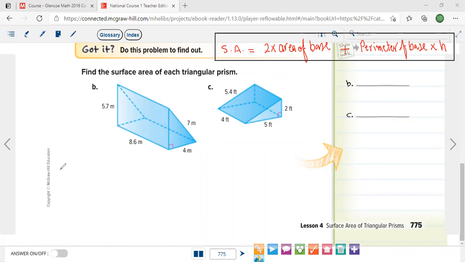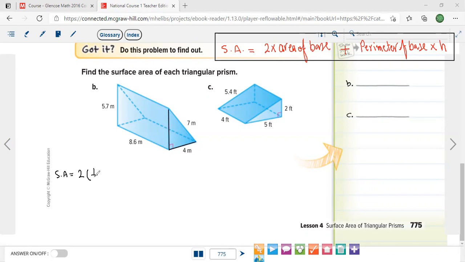So here, surface area equals 2 times the area of the base shaped like a triangle. So I need its base and its height. The base of the triangle is 4. The height of the triangle is this side, which is the same as 5.7.